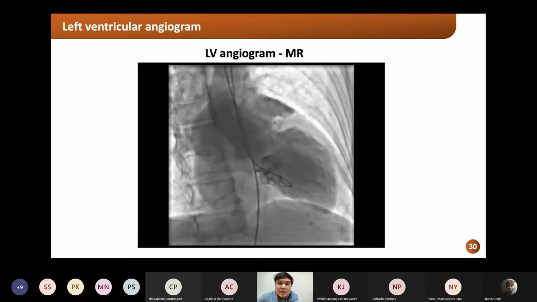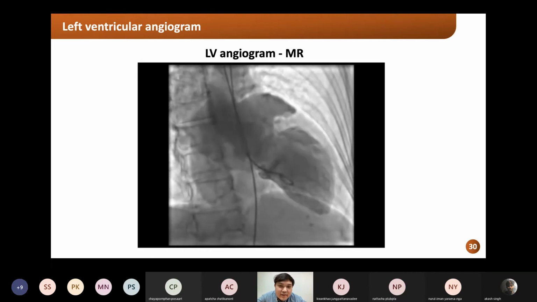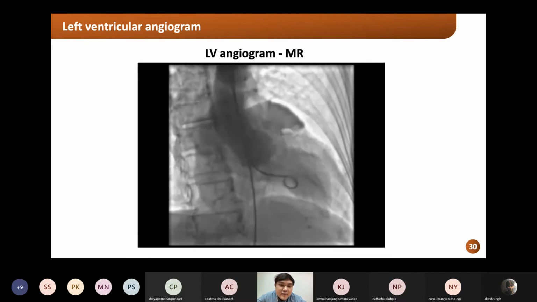And you will see a huge pulmonary vein and left atrium enlargement. In this case, it is very severe mitral regurgitation. I'm going to replay it again. Did you catch this?